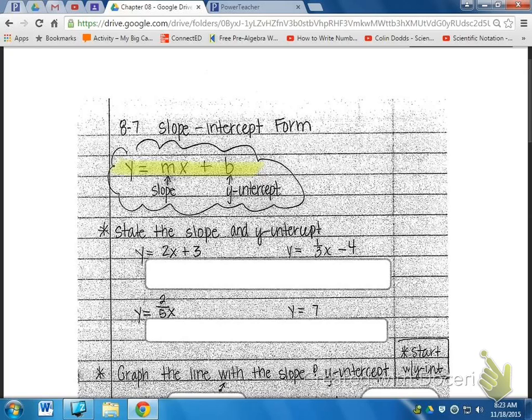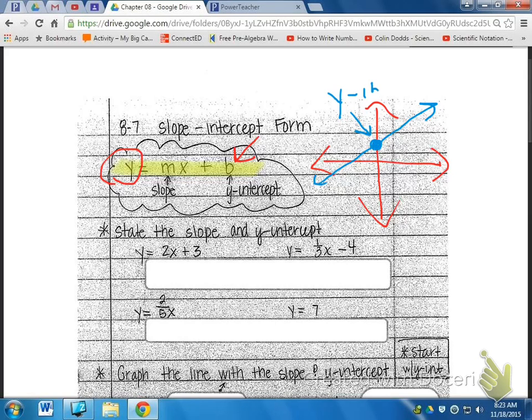Because y is over here on the end, obviously you couldn't use y again for this, but the y-intercept is actually the number where the line crosses the y-axis. So if you had a graph like this, and then you had a line, let's say it crosses right here, this point is called the y-intercept.